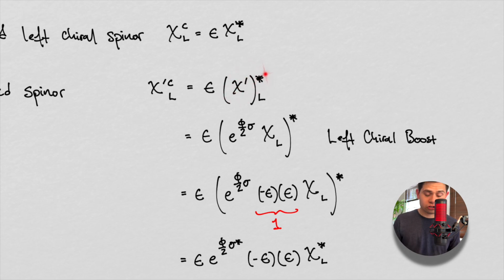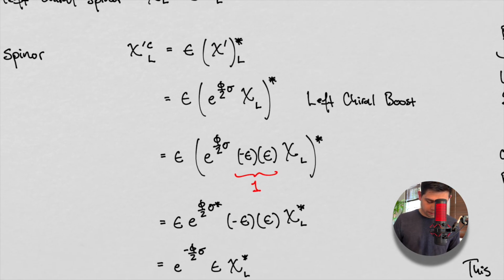We still want to keep it conjugated, and it's still left chiral. So we're going to boost this guy. This is a left chiral boost. That's what this dash, or this prime, means: we're transforming it, and the transformation is this guy, as we've seen in the earlier video.